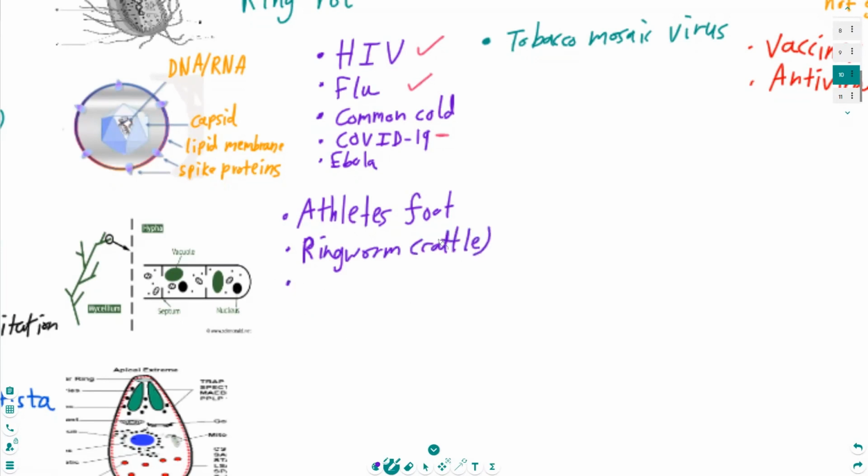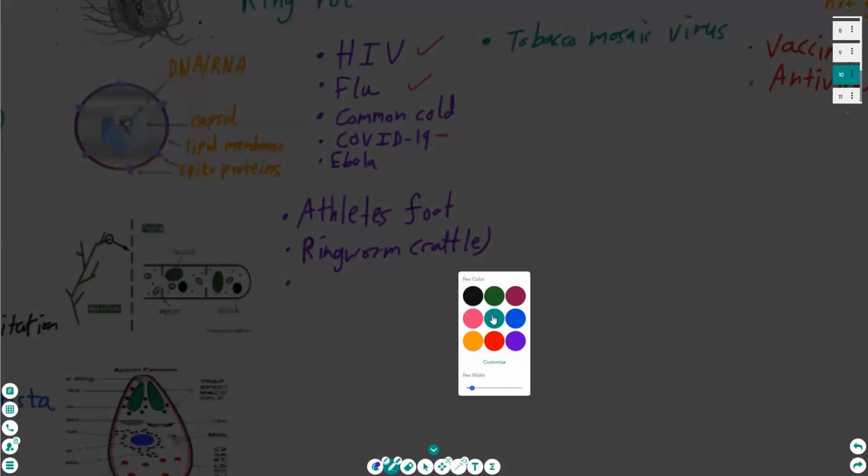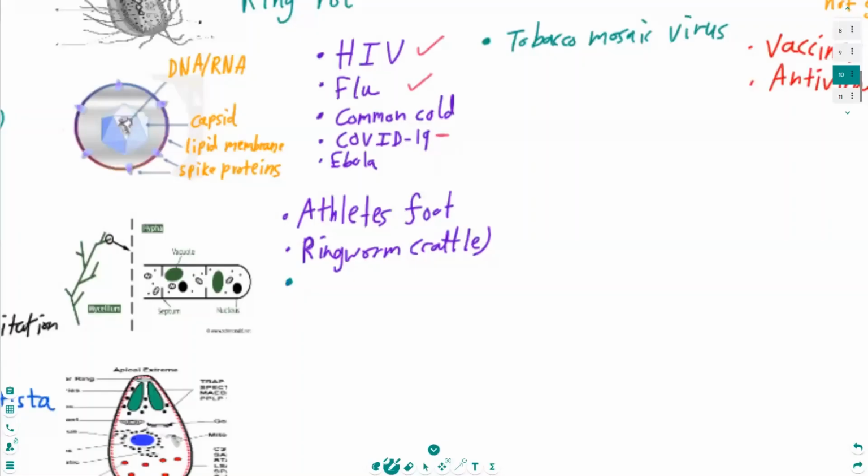Those are the only two you need for fungi in animals. And then for the plants, we have something called black sigatoka, which affects bananas.